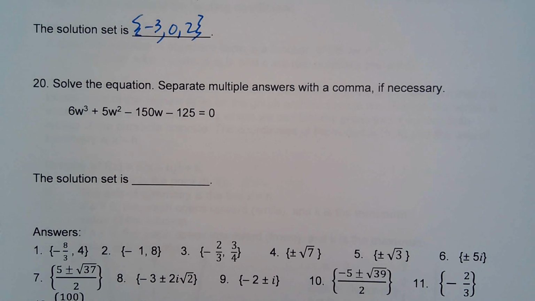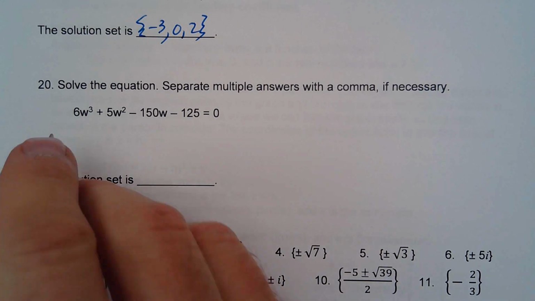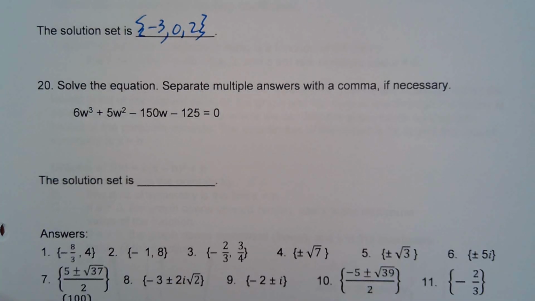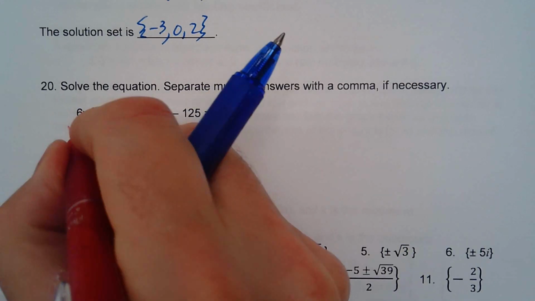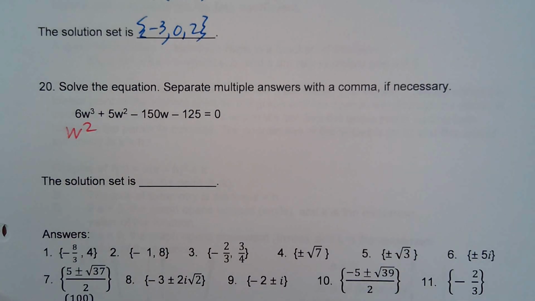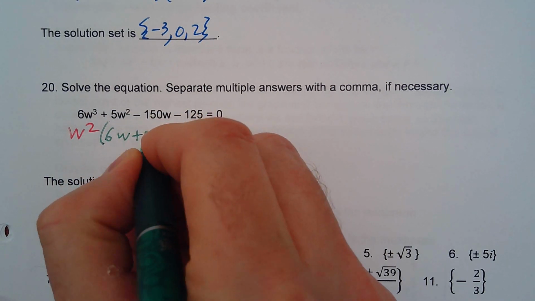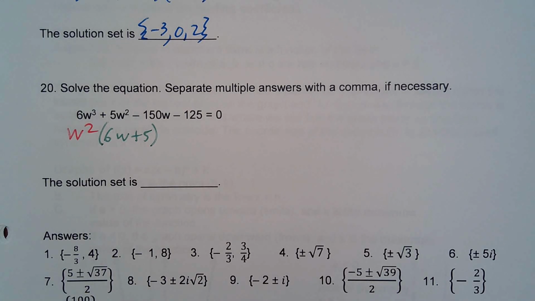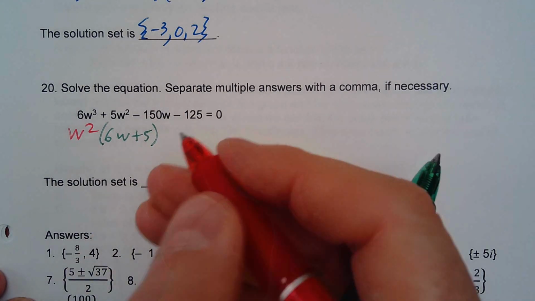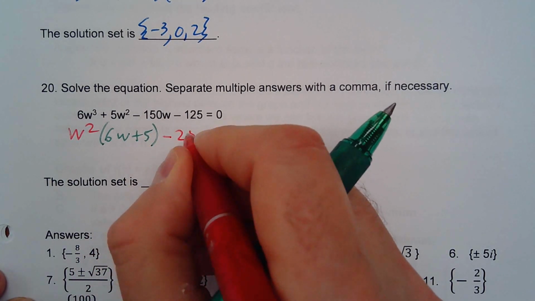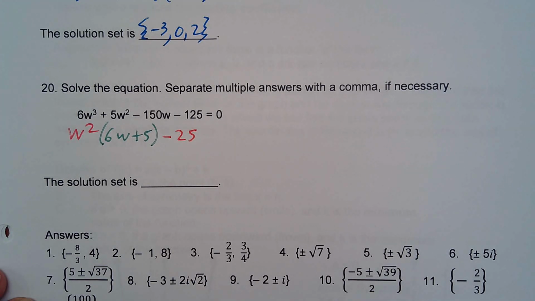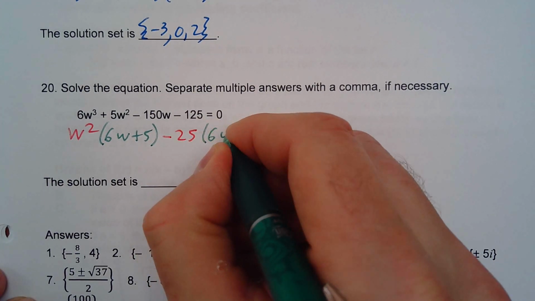Now on this one, we see here we got 4 terms that screams out factor by grouping. So the first 2 terms have a w squared in common. My leftovers would be 6w plus 5. The last 2 terms have a common factor of 25, but since this is negative, I want to factor out a negative 25. So that would give us 6w plus 5.